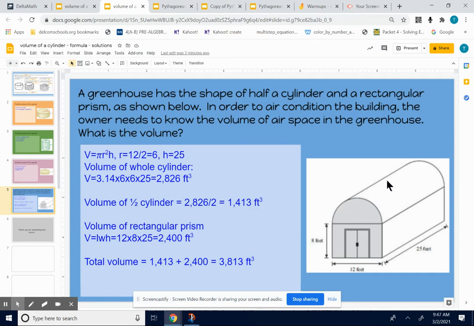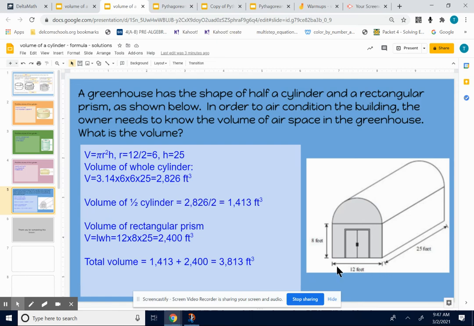Find the volume of the entire cylinder, and then take that answer, cut it in half. Okay, so the whole cylinder, even though we don't have the whole cylinder there, the whole cylinder is going to have radius. Okay, radius is halfway here. See that, guys? Halfway from the center to the edge. It doesn't look like they're giving it to us, but they are.